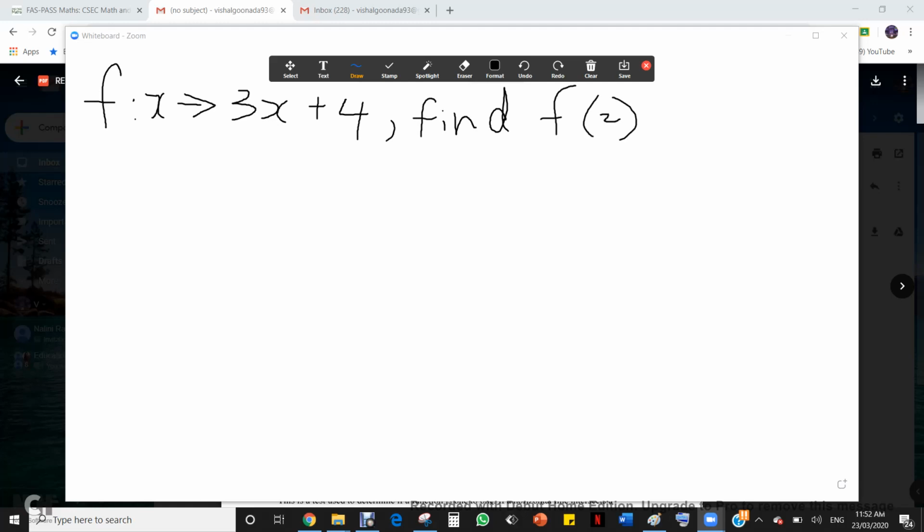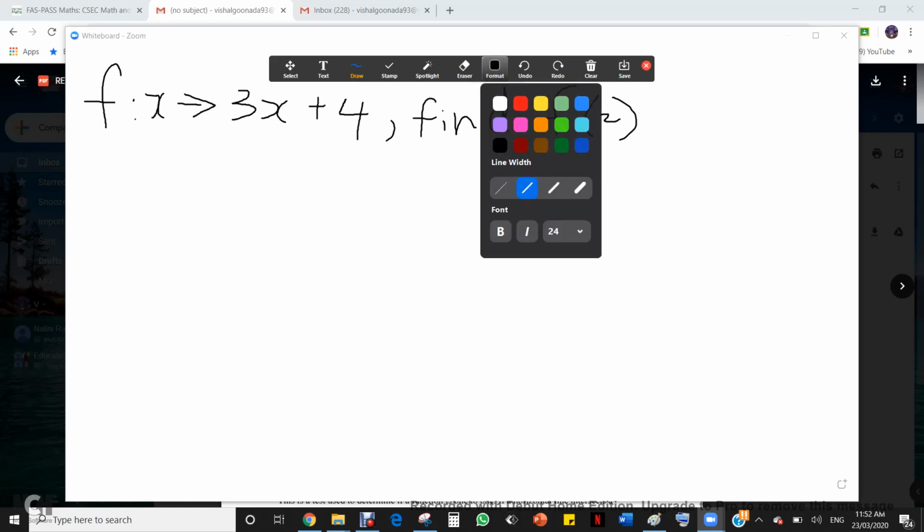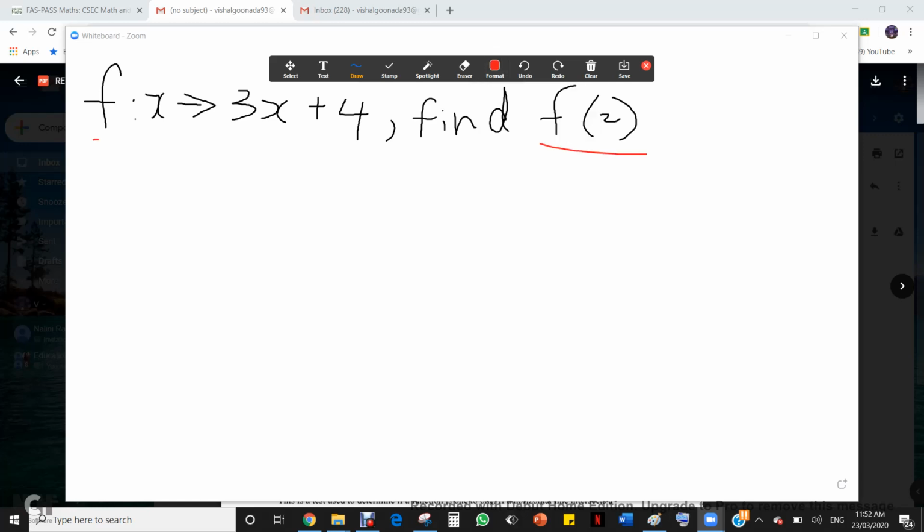Let me pull up my notes. So let's say I give you f of x maps on to 3x plus 4, and I ask you to find f of 2. Basically, f of 2 is this f of x thing here.